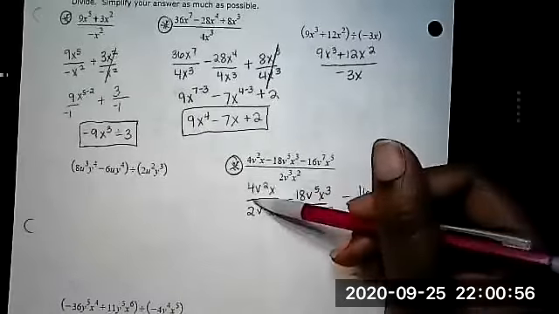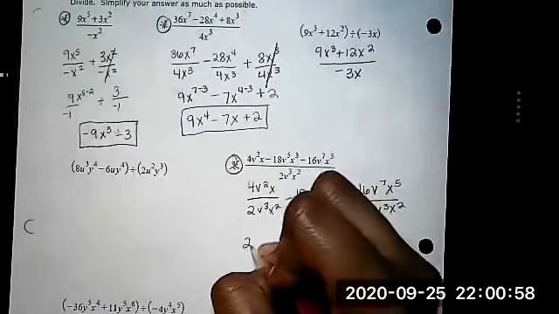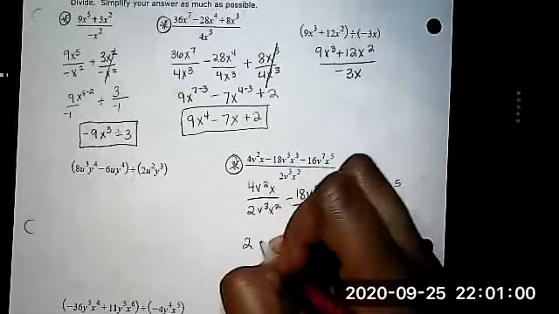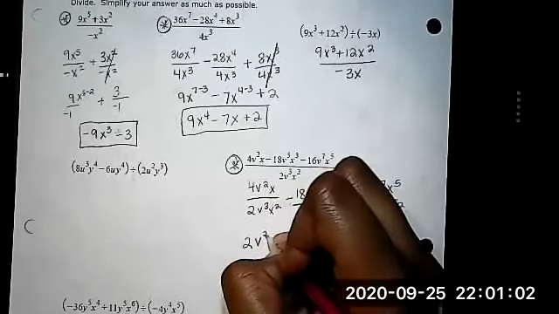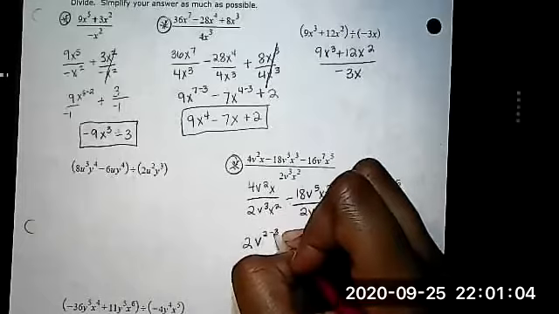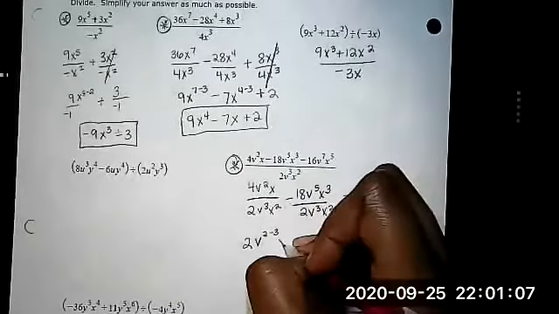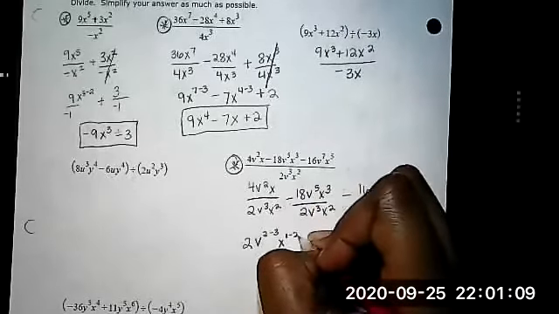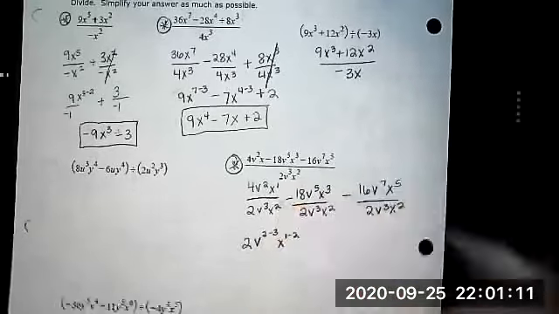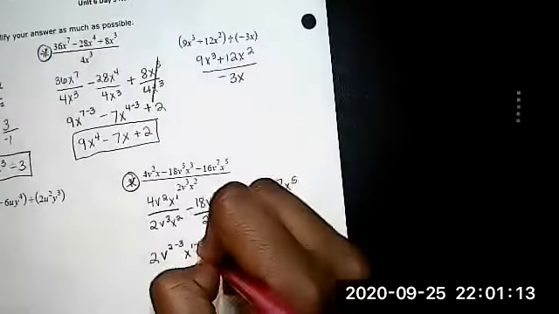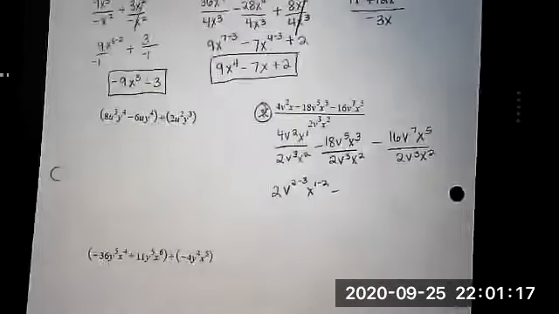All right, divide the numbers. 4 divided by 2 is 2. Subtract the exponents. b to the 2 minus 3, x to the 1 minus 2. So I'm taking the top number and subtracting the bottom number. Minus 18 divided by 2 here is 9.